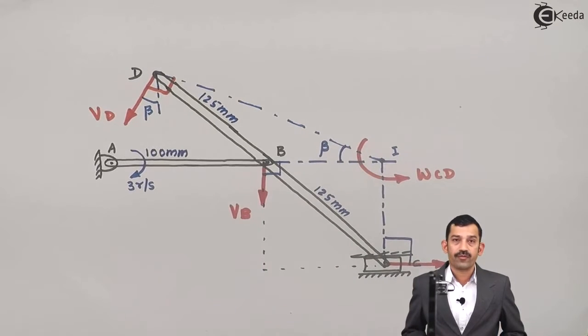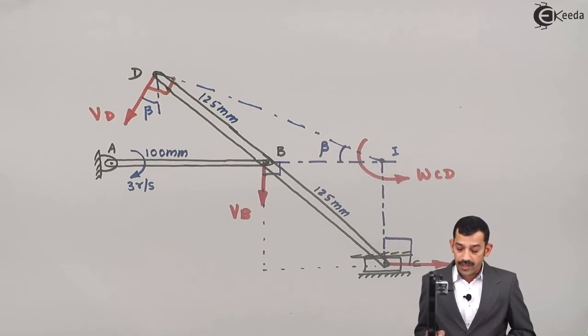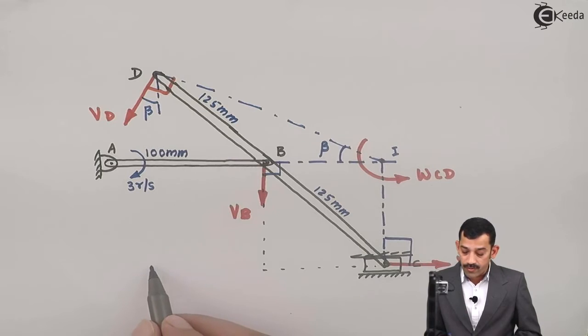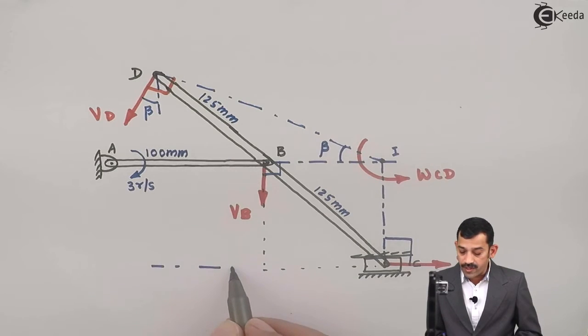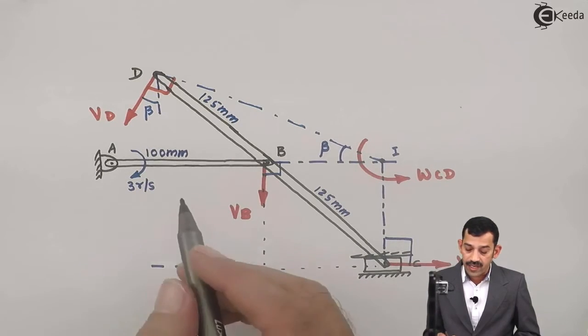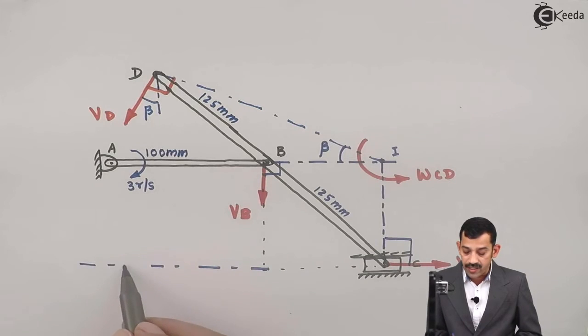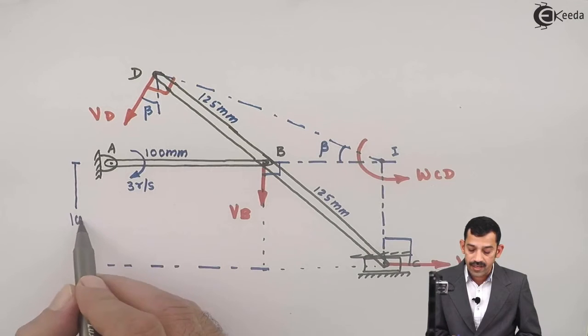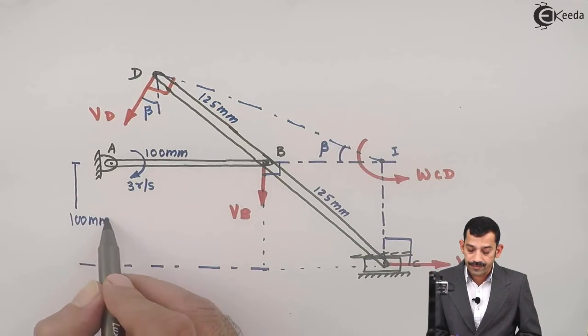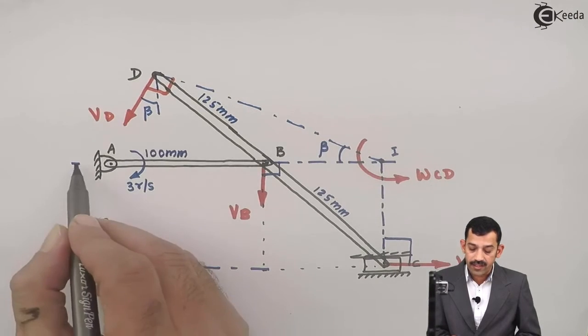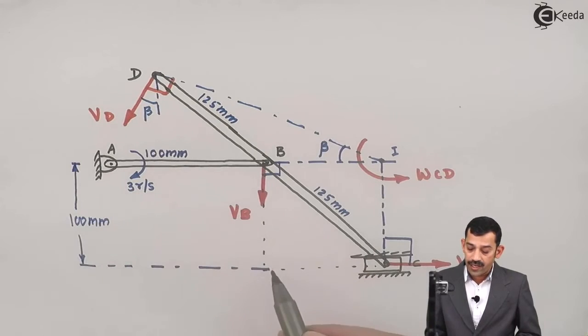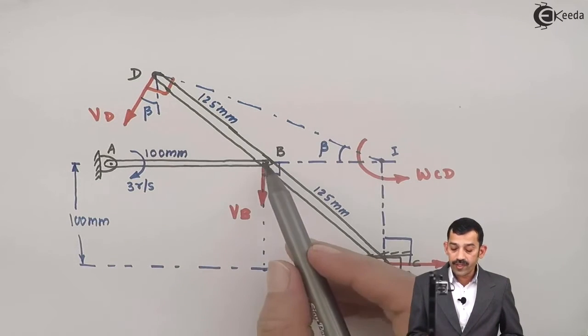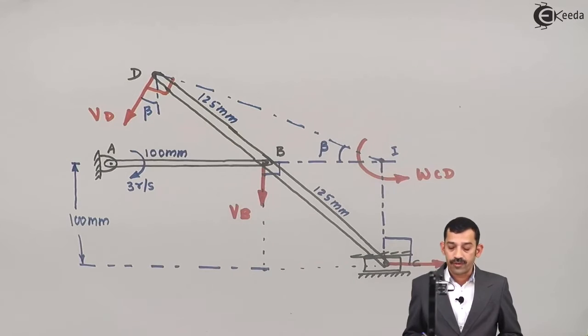In addition to that, we'll find out angle beta, where one more length is given in the problem, where the vertical distance between this slider and this hinge at A, this distance is given as 100 millimeters. As this distance is given, vertical dimension here 100, length of this link BC is 125.